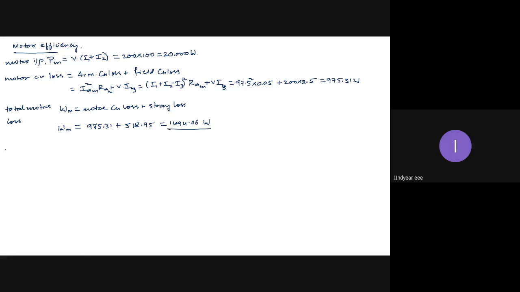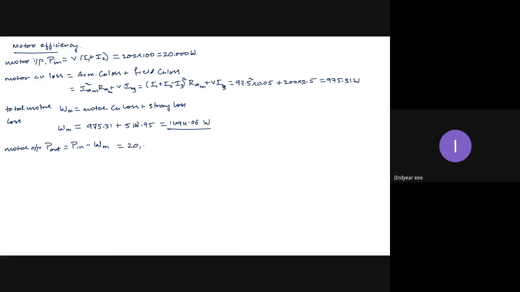Motor output, P out is equal to P in minus WM, input minus losses.